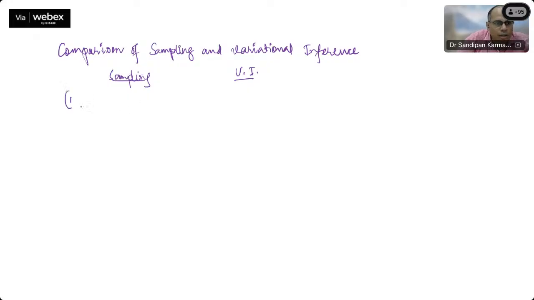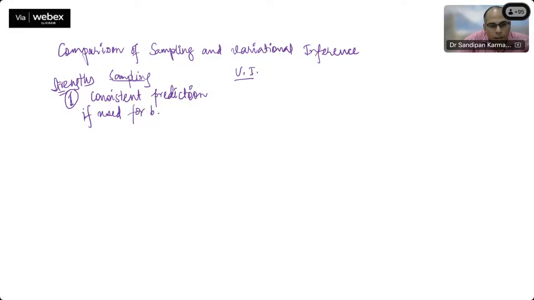First, I am writing strengths. The strength of sampling is that it gives consistent prediction if used for Bayesian settings.